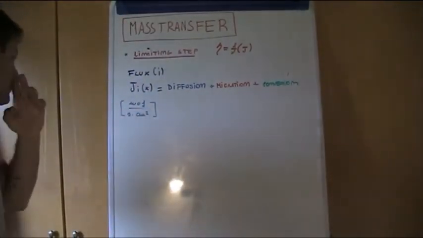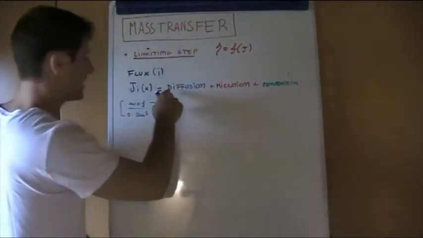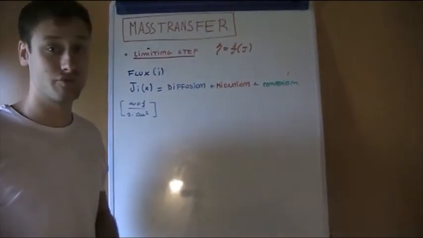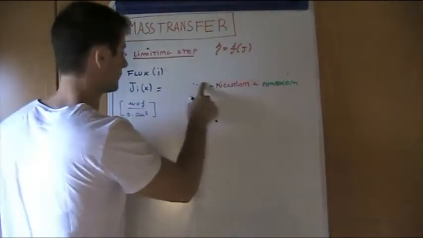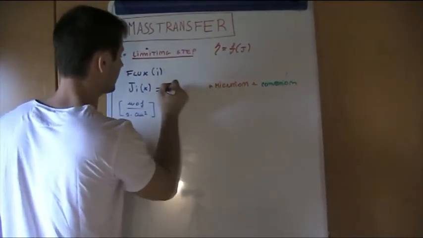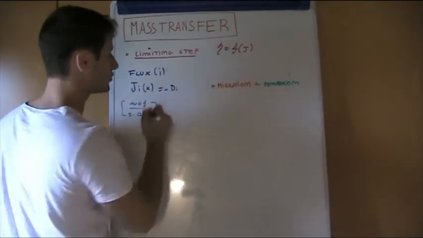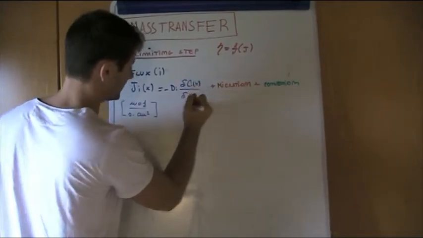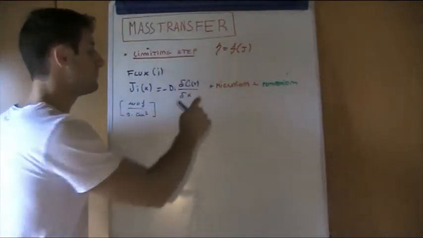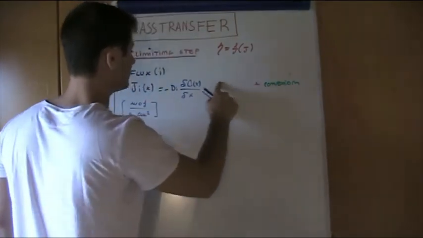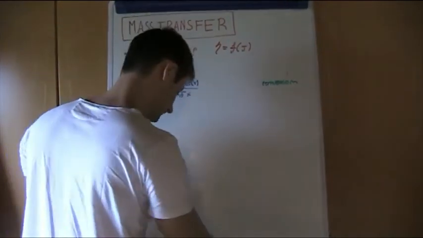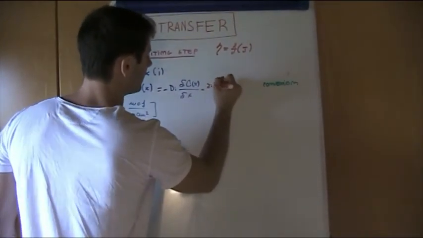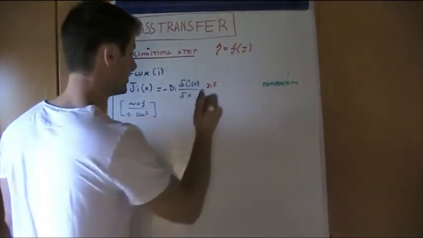The diffusion represents a movement of chemicals under a concentration gradient. We will see this better later. So we have the diffusion coefficient and the concentration gradient versus space. Then we have the migration, which represents a movement of species under a potential gradient.